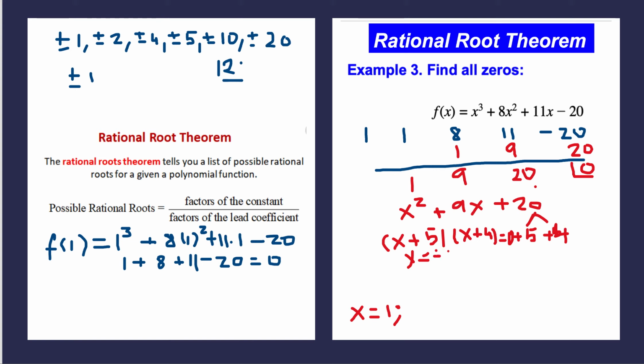Or I can apply the zero product property and find those values, but I'm taking a shortcut: I take the opposite of the factor. The solution from x plus 4 is x equals minus 4. So already I found the solutions. One is x equals 1, another x equals minus 5. So we found all three solutions, and the last solution is x equals minus 4.